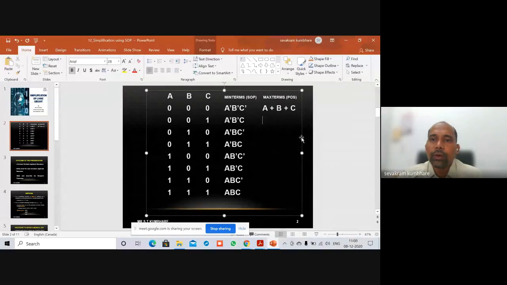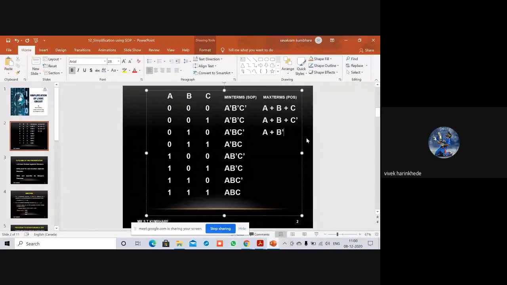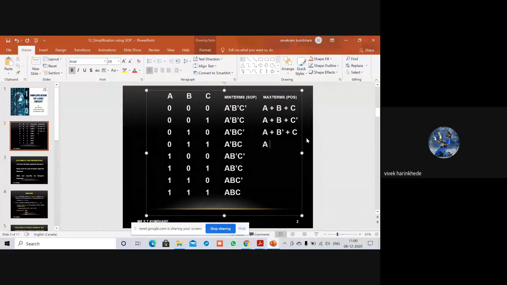Similarly, you can go for this. So this becomes A plus B plus C bar, because C is 1. Here you can write A plus B bar plus C. Here A plus B bar plus C bar.